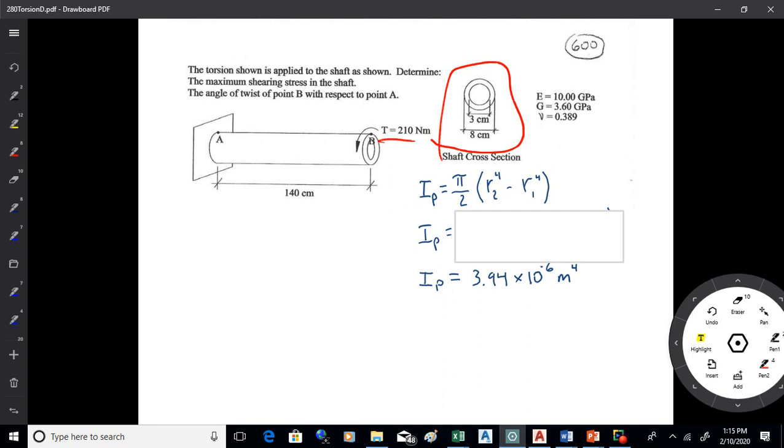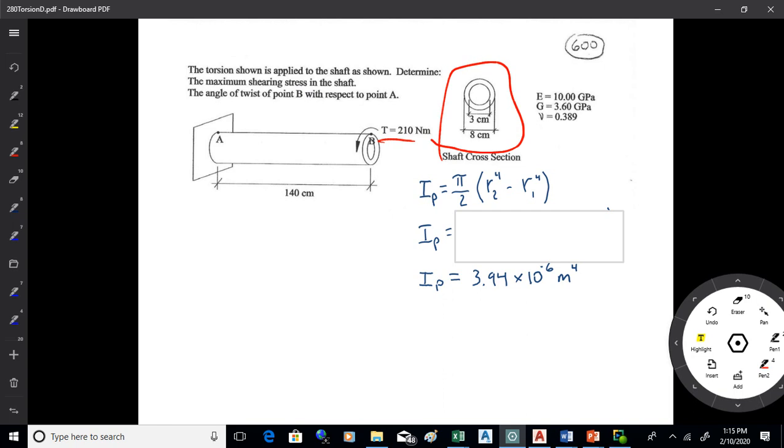So pi over 2, outer radius to the 4, we'll subtract off the inner radius to the 4. And what you want to do there, just thinking back to things I've seen over the years: remember the radius, not the diameter. We spec out round things by their diameters, but what goes in is the radius. I keep it in meters.